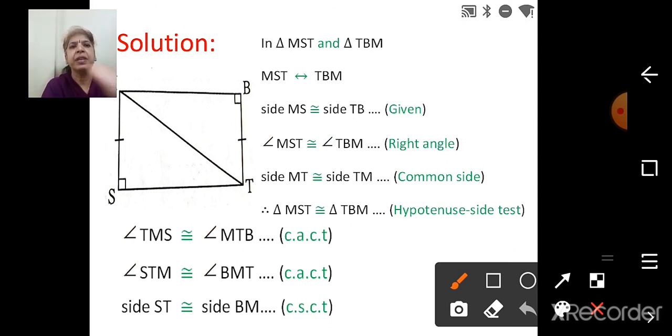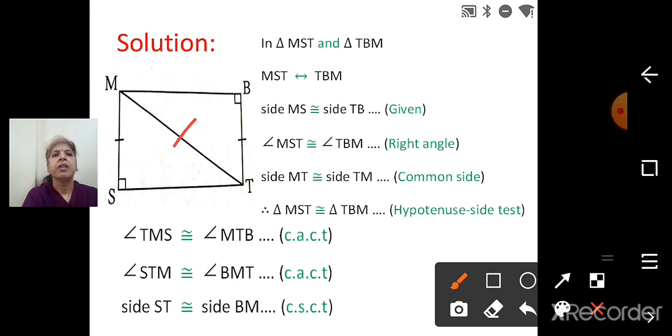Then MT is congruent to TM, a common side, and it is also the hypotenuse. Therefore triangle MST is congruent to triangle TBM by the hypotenuse side test.